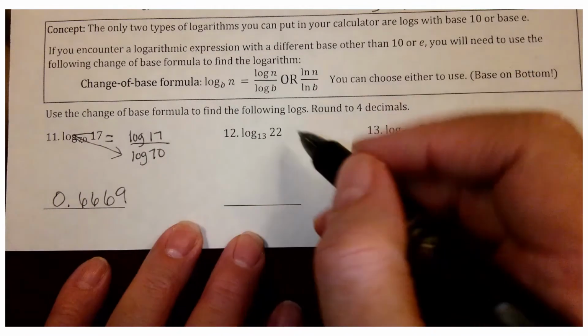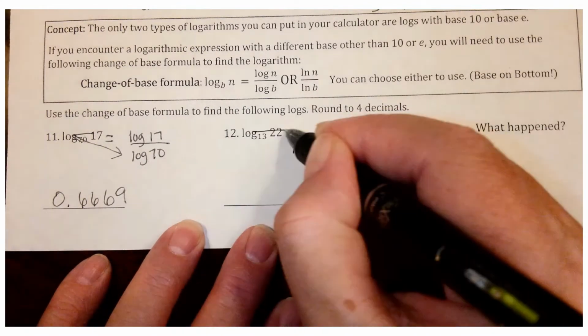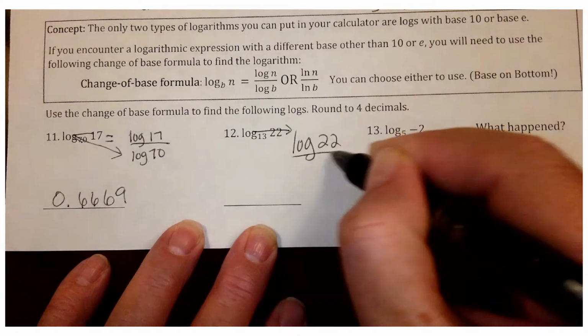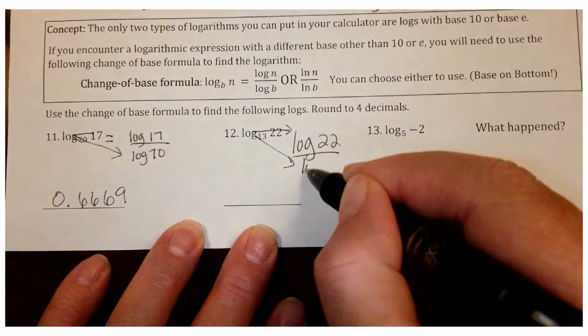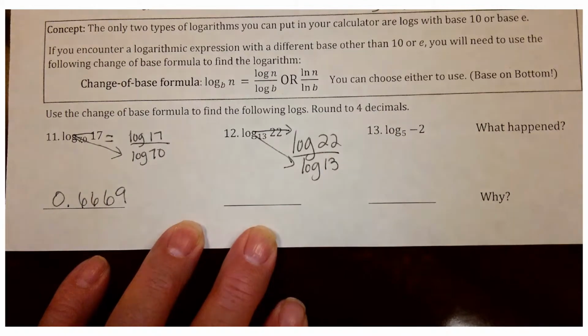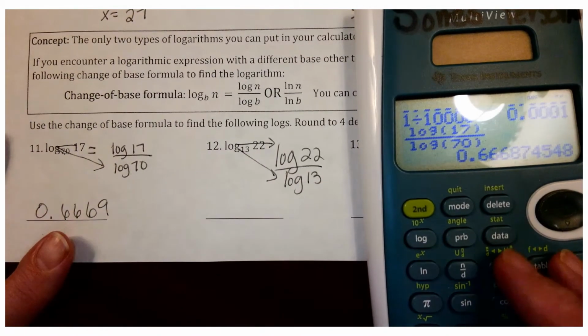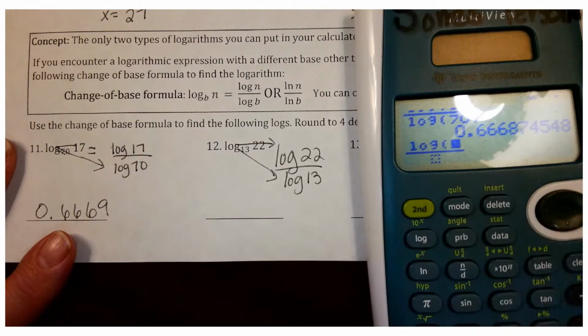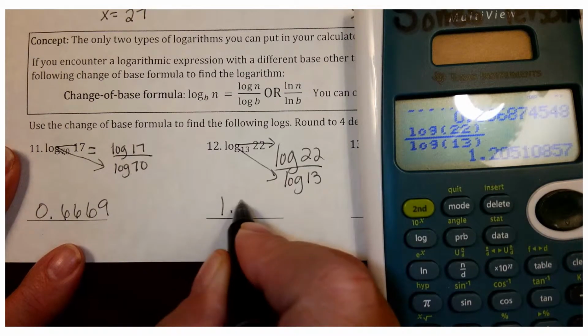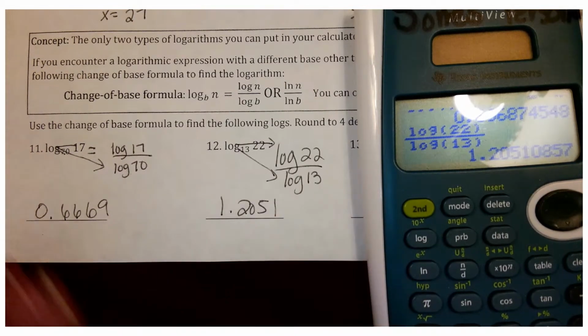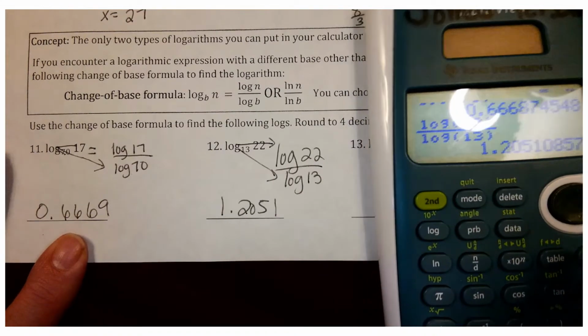Let's do the same thing with the next problem. Just converting this, I have log of 22 over log 13. Putting that in the calculator, log 22 over log 13, and I get 1.2051, again rounding to 4 decimal places.